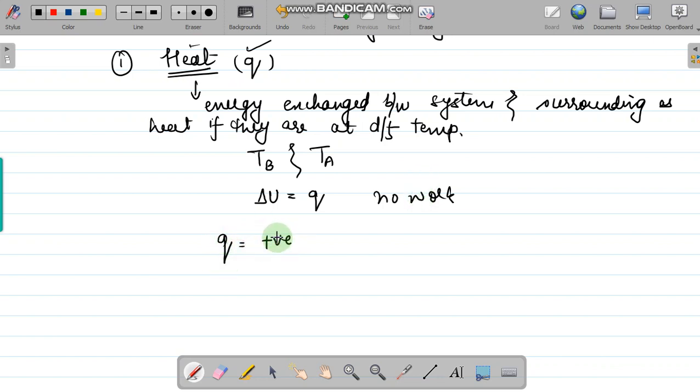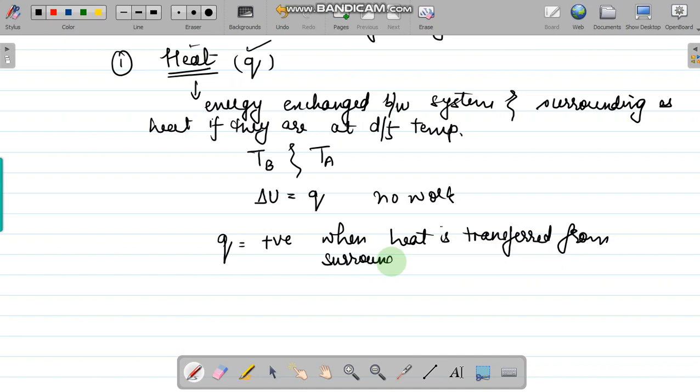Q is going to have the positive value when heat is transferred from surrounding to the system.